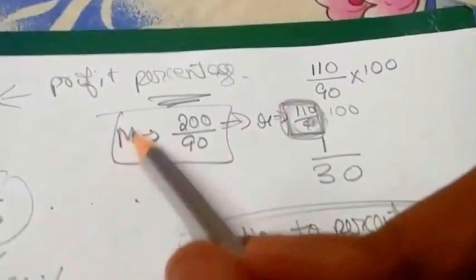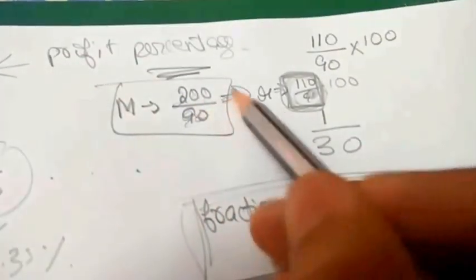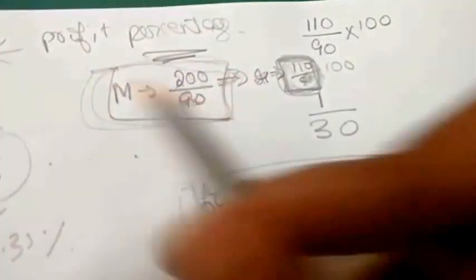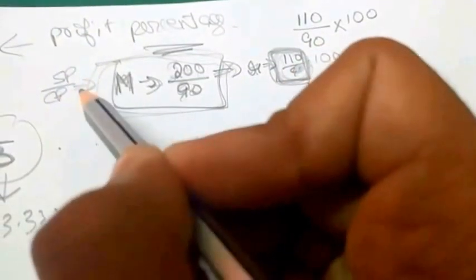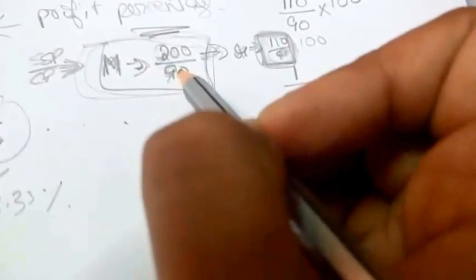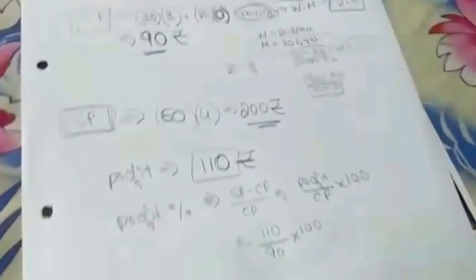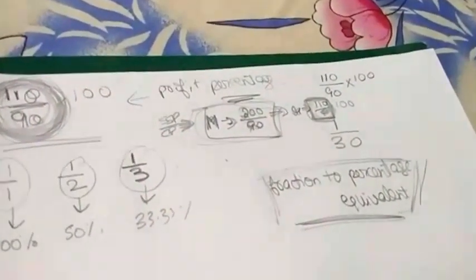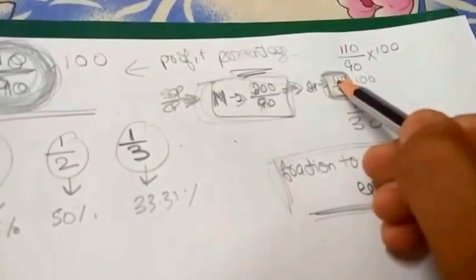We have not yet calculated how this capital M came out to be 200 by 90, but now you have calculated the SP upon CP. You understand the SP by CP would be 200 by 90, although we have stayed in the basic form for now. I'm just telling you the answer: the capital M would come out to be 200 by 90, and from there you get R, which would be 110 by 90 into 100.